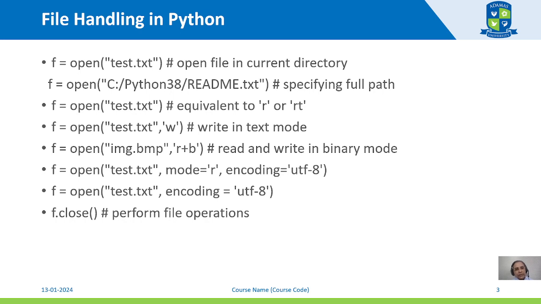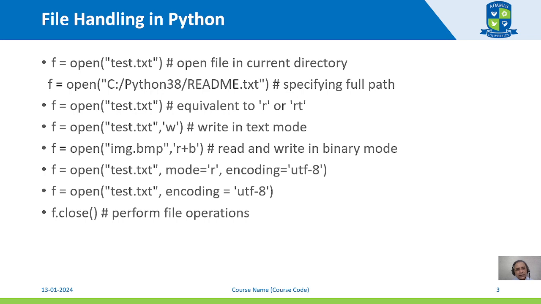Open function opens the file in the current directory, and if the file is not present in the current directory, then we can specify the path, and using the open function we can open that particular file which is specified within the open function in the read mode or RT, that is also equivalent to the read mode.